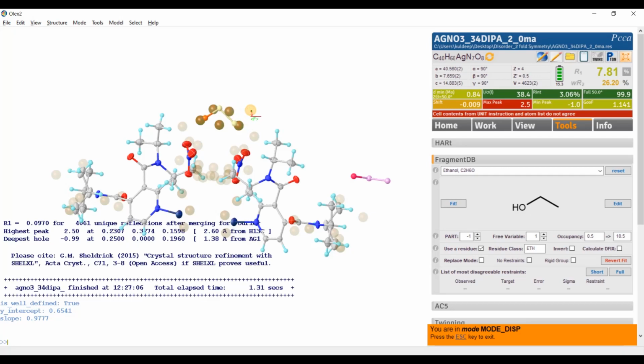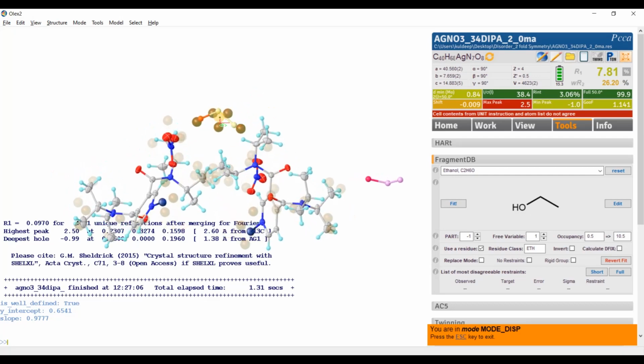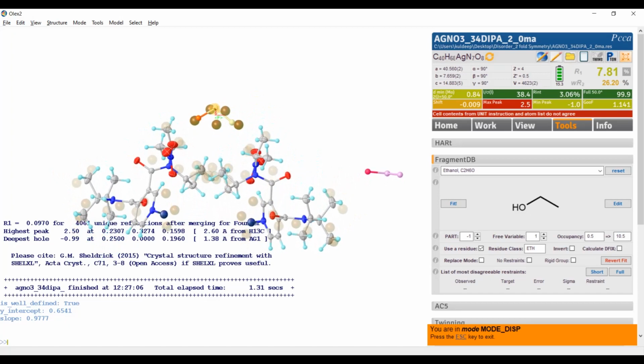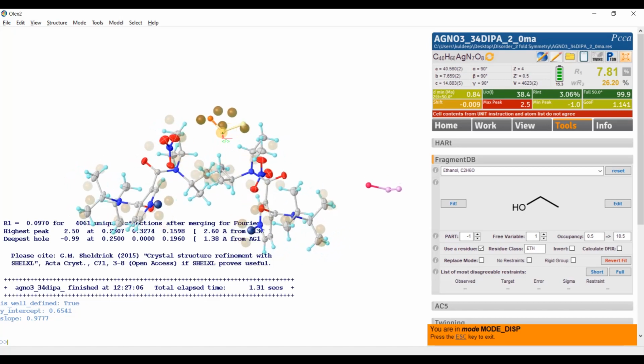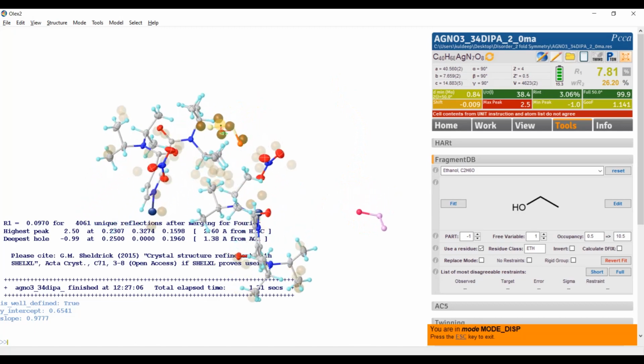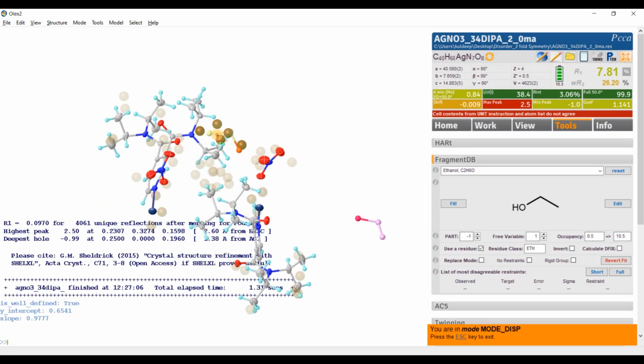Just make a best fit with your practice. Something like this. It's up to your practice how efficiently you can fit. Now I think this is the best fit.